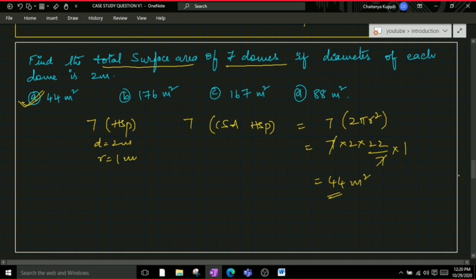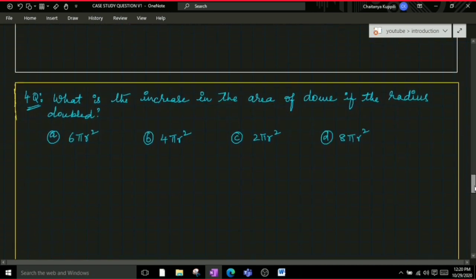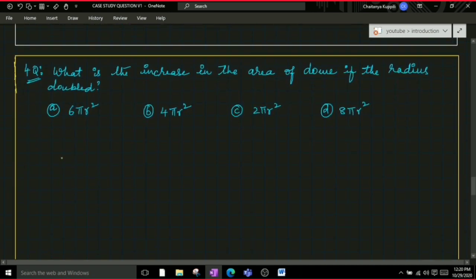Then going to the next question, a very important question this is. What is the increase in the area if the radius is doubled? Suppose the radius is doubled, so if one is r, the second one is 2r, and this is going to be the bigger dome. What is the increase in the CSA of the dome?